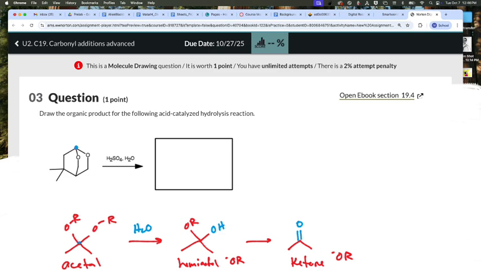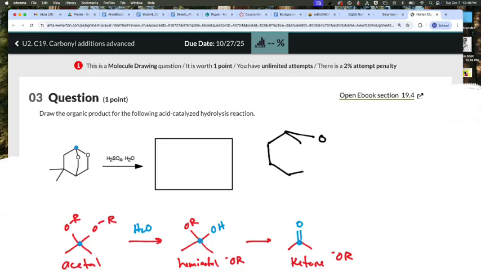So if I'm going to go through this process, what happens to the bonds between that carbon and the oxygens? What happens in the first step? What happens to the bond between the acetalic carbon and our oxygen? It leaves. It's gone. In the second step, what happens to the other one? It leaves. It is also gone. So if I'm looking at that structure, the first thing I would try to do is, as much as possible, copy and paste that drawing.